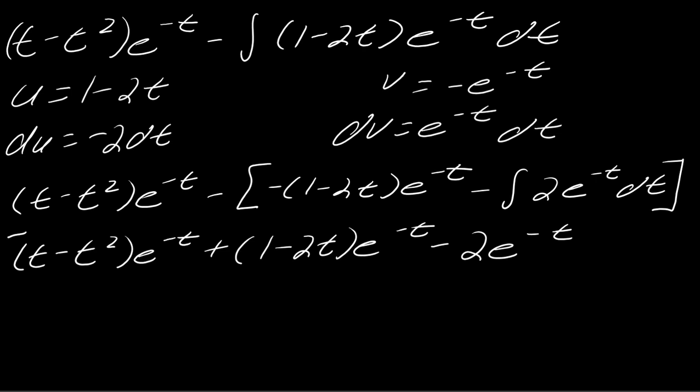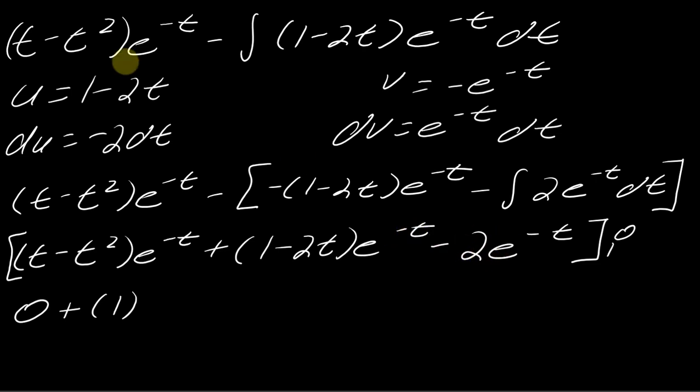Okay, and now I need to evaluate all of this for my limits of integration. So remember, these limits of integration went from 1 to 0. Okay, so now let's go ahead and start plugging things in. So plugging 0 into this is just going to leave me 0. And then here, this is going to be 1 times e to the 0, which will just be 1.